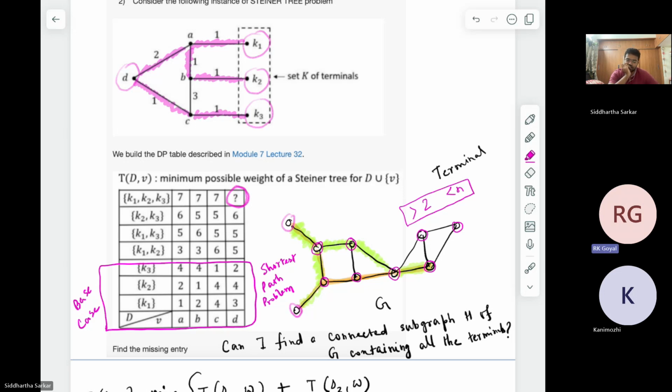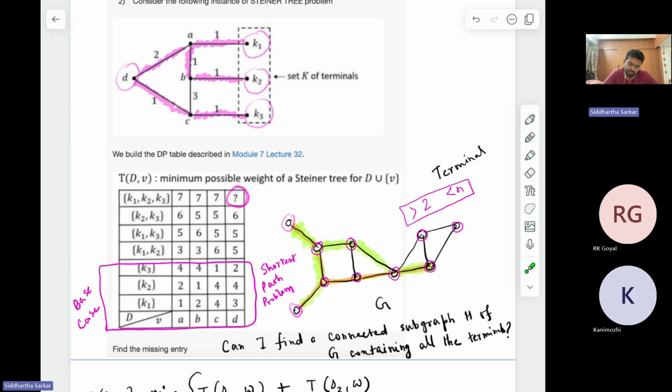But the structure is such that I'll have to move from C to D as well. So this is probably the best you can do. You have to ensure connectivity also. Here I need to connect, say, C and B also? No, that is not necessary because this is already a tree.